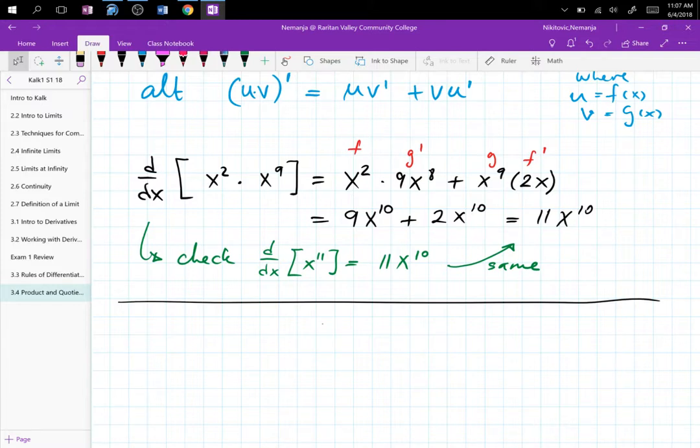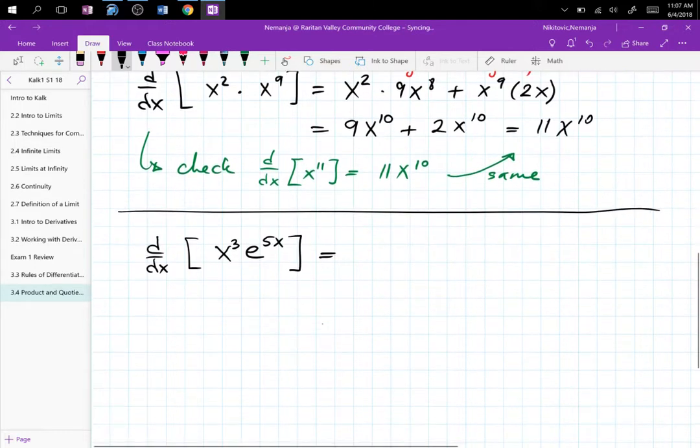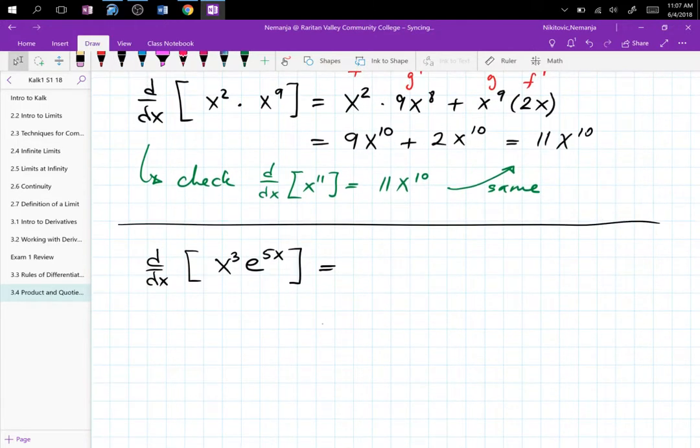So let's see another case. Here's a good example. It says x cubed times e to the 5x. You see, this is what the product rule is for. Not for the first example. First example you can cheat through algebra, and I hope you would, because that makes the problem easy.